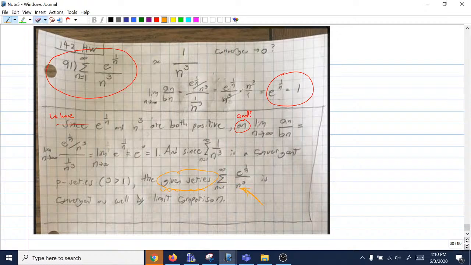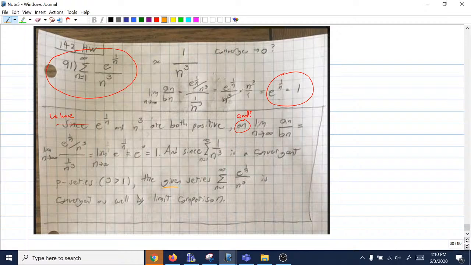Since you're already saying what the series is, the word given is unnecessary, but you don't have to delete every unnecessary word. I've had English teachers who say just delete the unnecessary words. You want extra words if they add clarity. I guess this is adding clarity. Like, this is the series I was trying to say converges. And look, it converges as well by limit comparison.